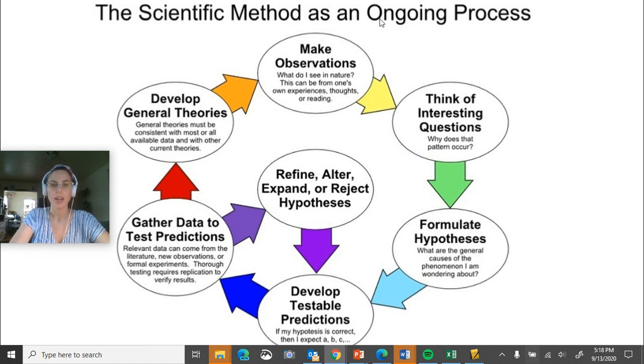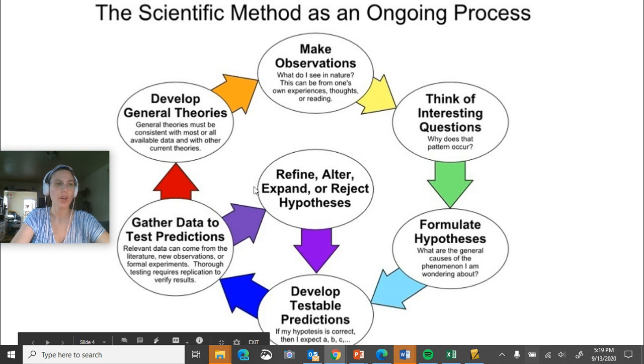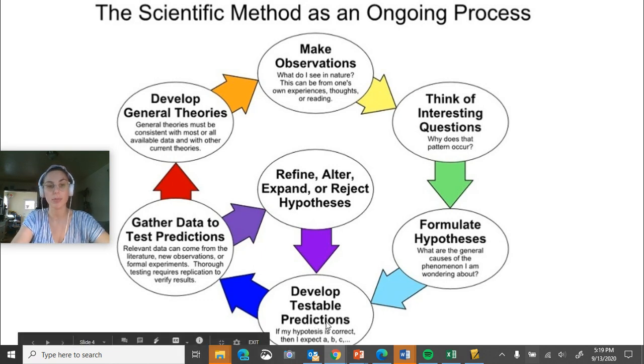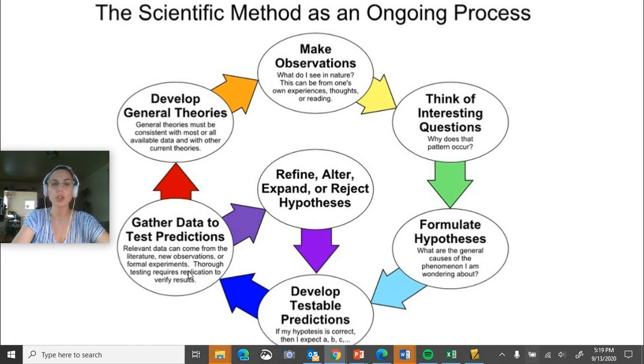So you can see this sort of ongoing process that is the scientific method, that begins with thinking of some sort of investigative question, formulating hypotheses based on the observations and background research that you have come up with and found, for then to formulate some predictions that you can then test. Perhaps after multiple tests and repeated trials and proving these predictions true in repeated trials, then perhaps we've developed a theory, right?